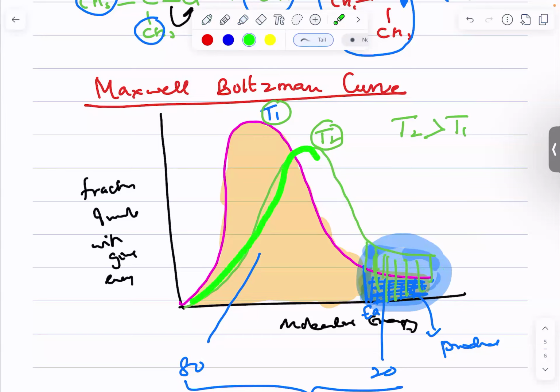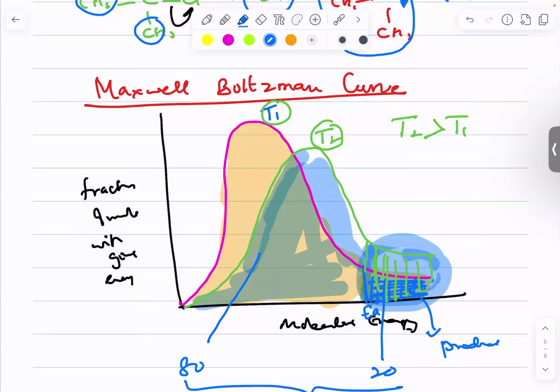And when it is shifted more, then the proportion of the molecules passing the energy barrier increases almost double. Almost double, that makes sense. So, yeah, good. And by the way, area under both the curve is the same.